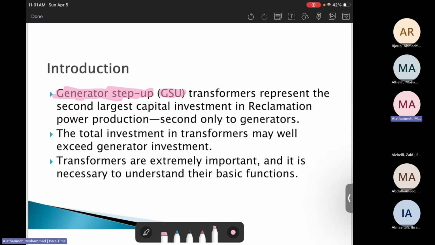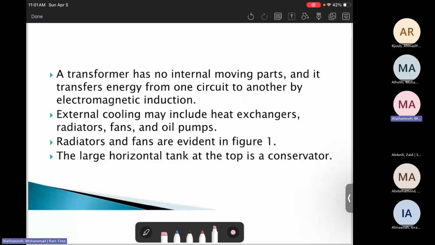You might be surprised, but the total investments in transformers may exceed the generator investments. They spend more money and more effort on improving the transformer than on improving the generators. Transformers are extremely important, especially when they transmit the power from one side to the other.